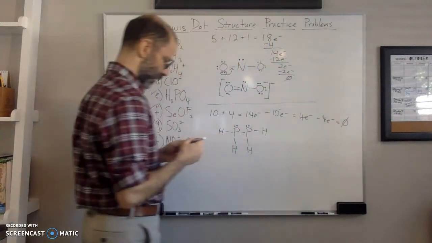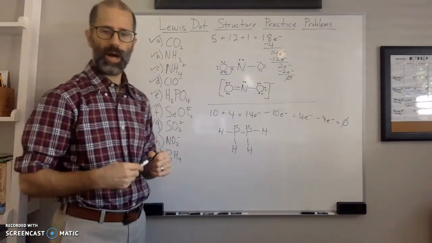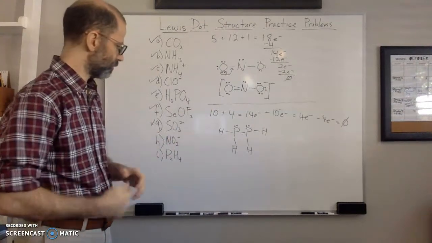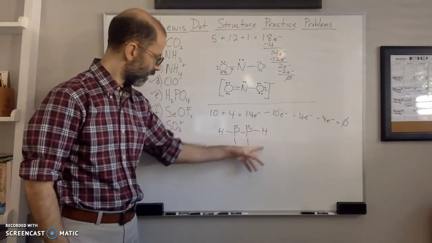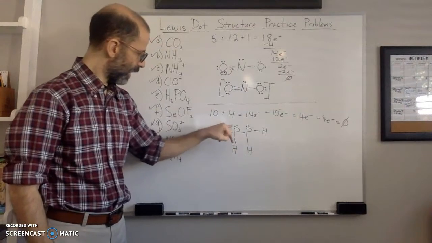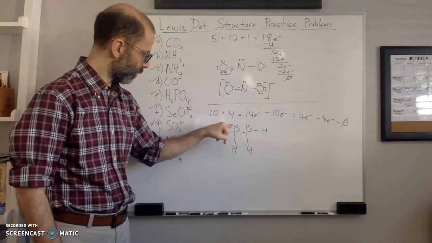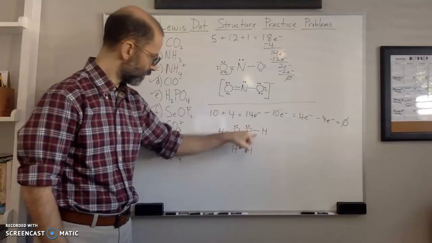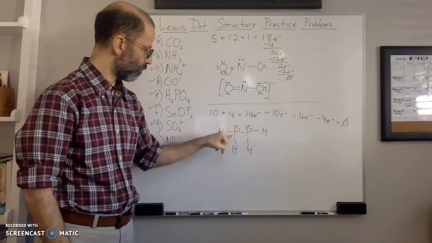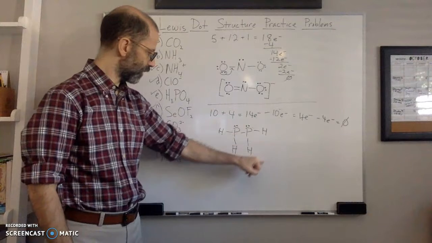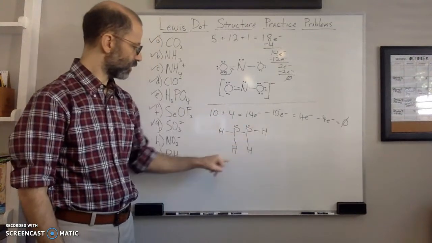We don't have any left over. So now at this step we would check our Lewis dot structure. So our hydrogens are happy, and now each phosphorus has 3 bonds and 1 lone pair for 8. 3 bonds, 1 lone pair for 8. So both phosphorus atoms have an octet. So this is a legitimate Lewis dot structure.